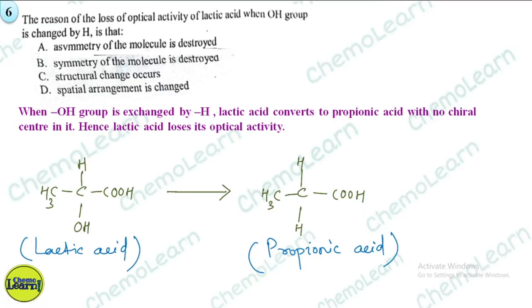But when this OH group is replaced by a hydrogen atom, it forms propionic acid, which has no chiral center. That means it has no asymmetric center. So asymmetry of the molecule is destroyed and lactic acid loses its optical activity. Option A will be the right one.